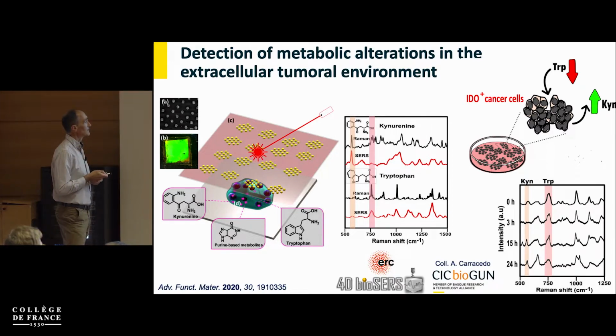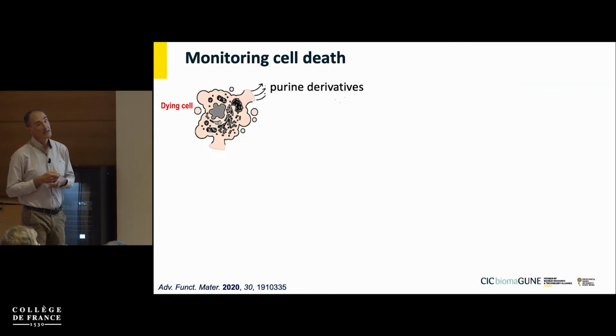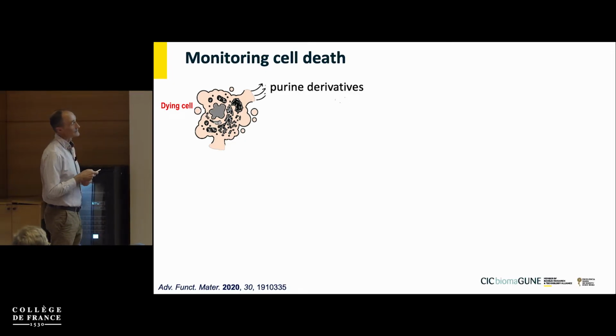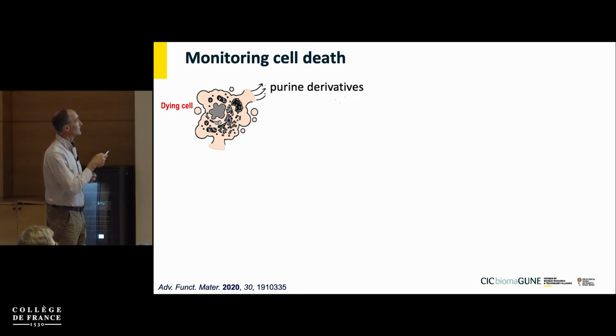Another piece of work related to this type of studies was watching what happens when you induce cell death. You would expect that there is release of quite a number of molecules, including purine derivatives.